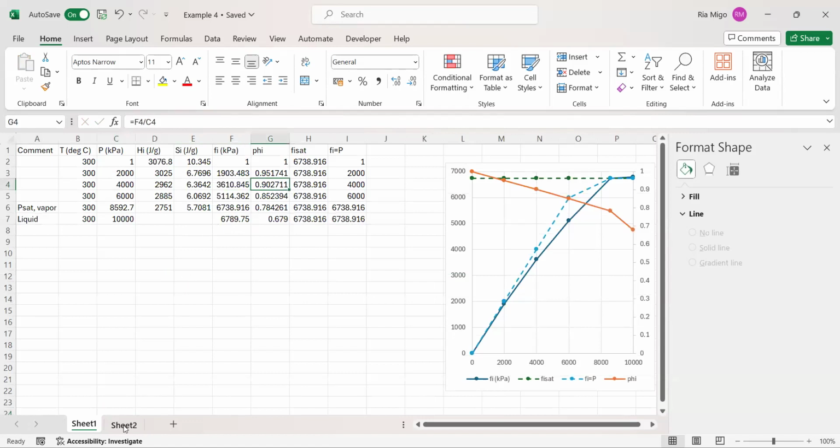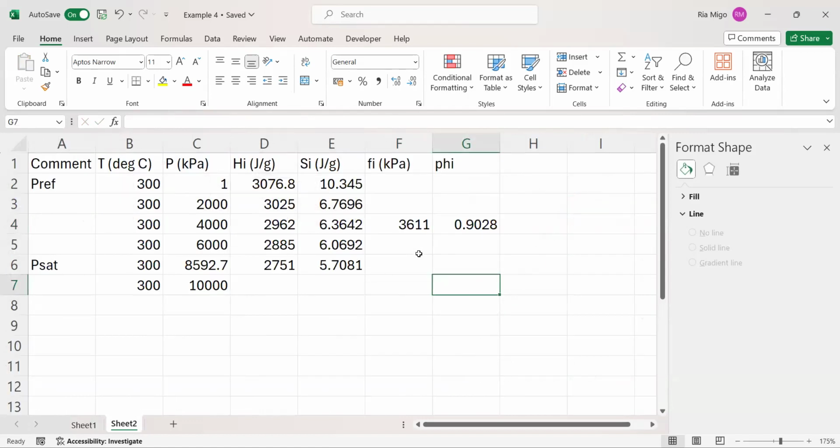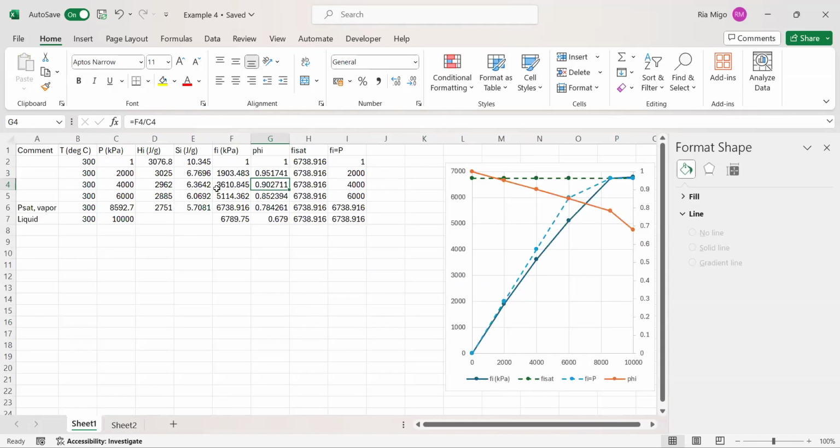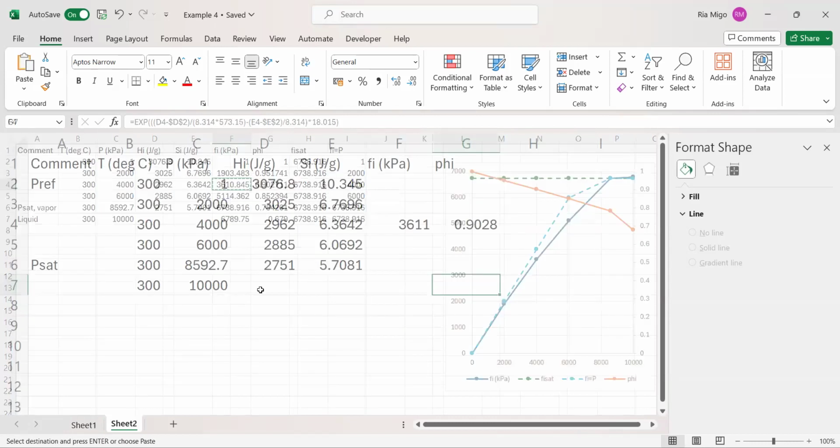Alright. So, as a shortcut, for the rest of the pressures, or even this pressure 4,000, you can just input a formula in Excel. Let me copy paste that.